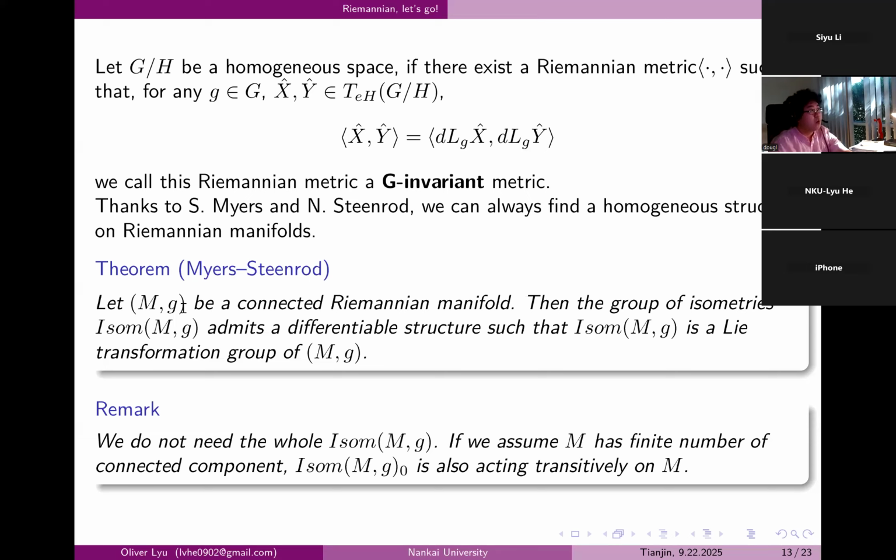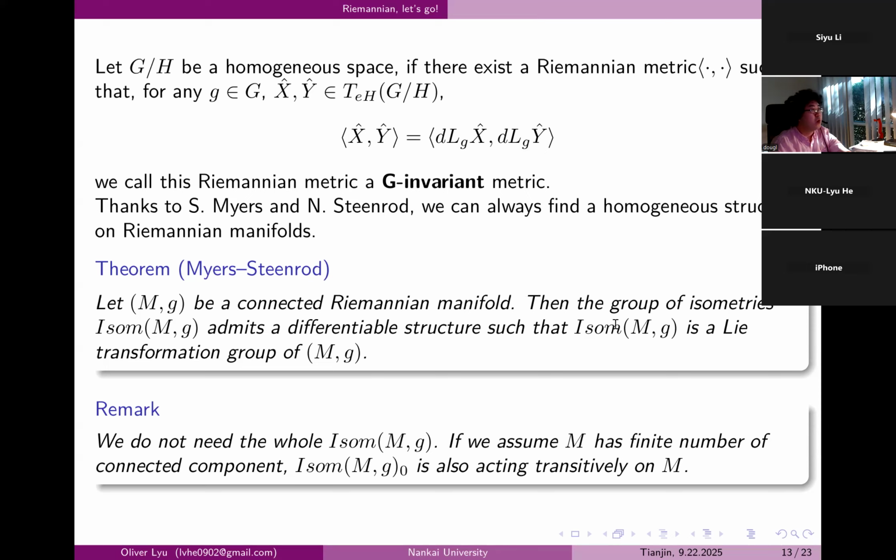It states that in a connected Riemannian manifold M with Riemannian metric g, the group of isometries, which are those diffeomorphisms that preserve this Riemannian metric, admits a differentiable structure.